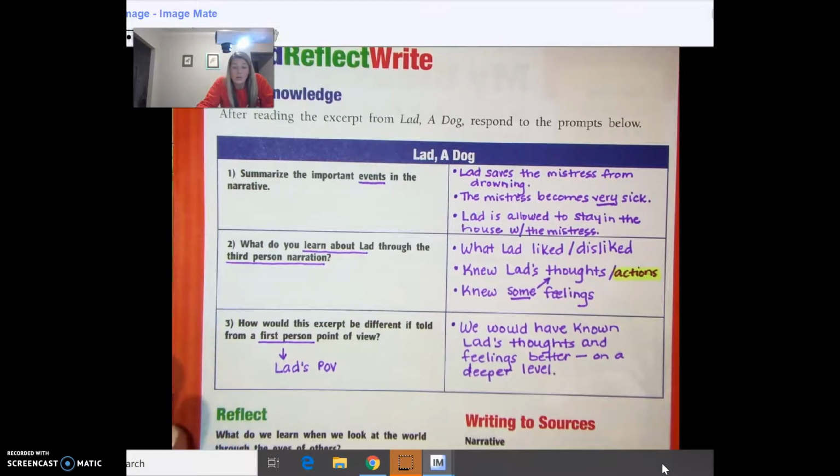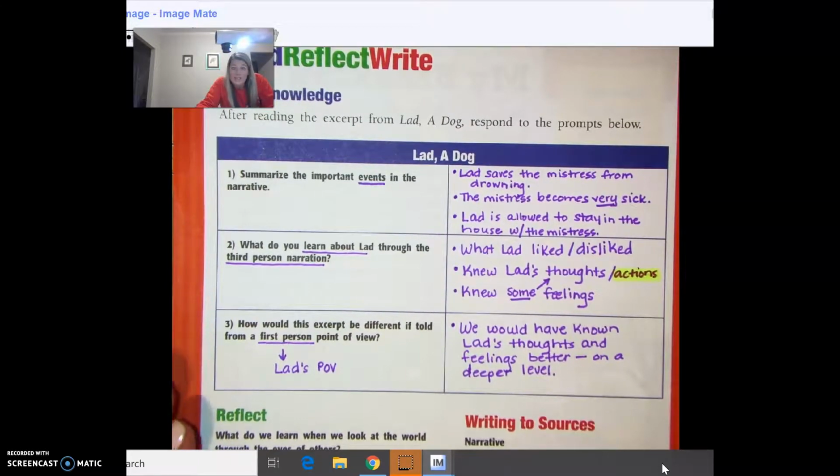I was scared. What was happening? I swam as hard as I could to reach the mistress, but she was so heavy. We would have known so much more about the thoughts he was having in that moment and how that made him feel.